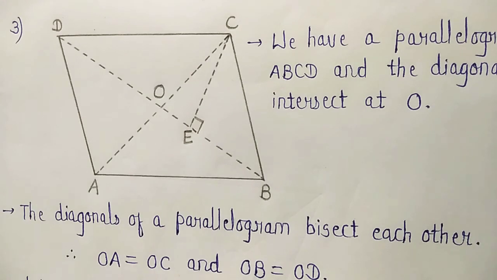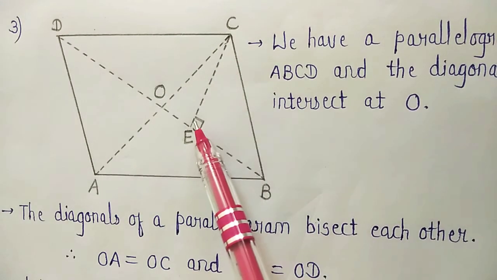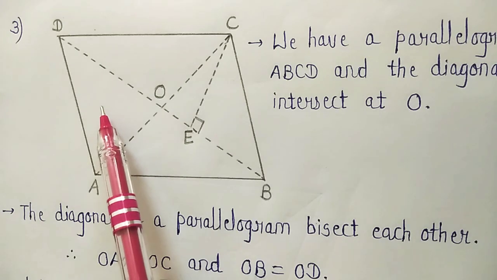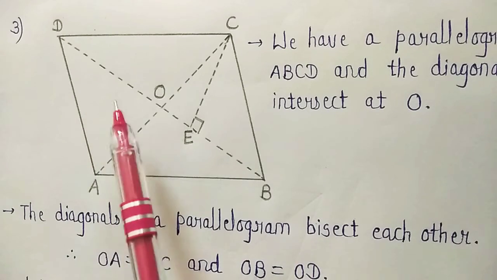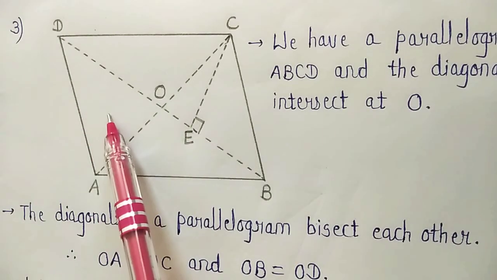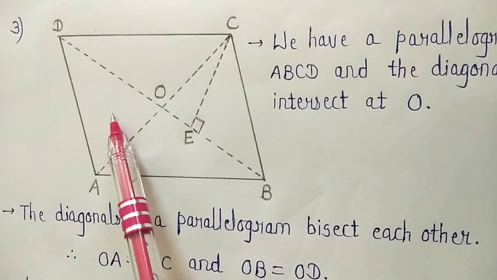Now students, if we consider this height CE in this triangle, we can prove that area of triangle DOC is equal to area of triangle AOD.